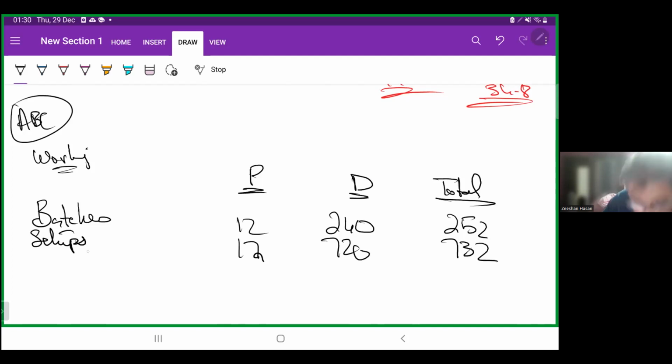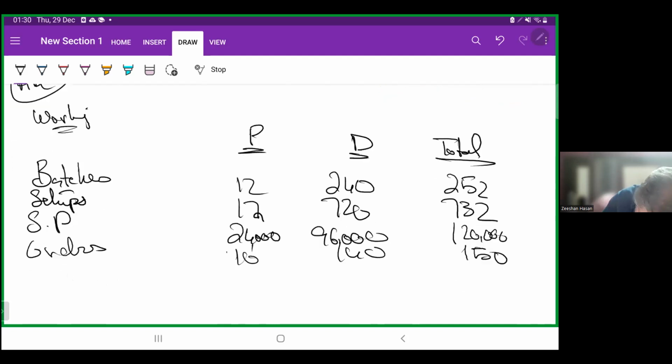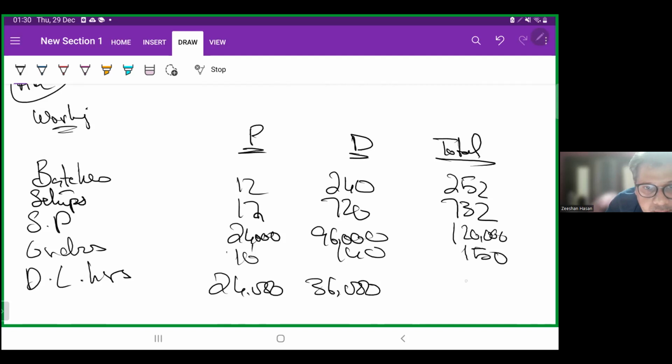Special parts: 24,000, 96,000, and total is 120,000. Orders: 10 and 140, total is 150. Direct labor hours: 24,000, 36,000, and total is 60,000.